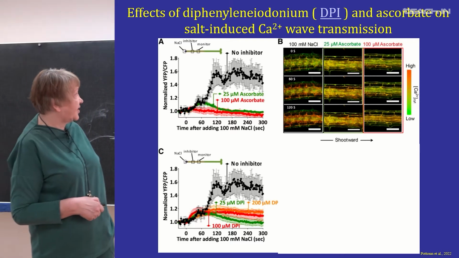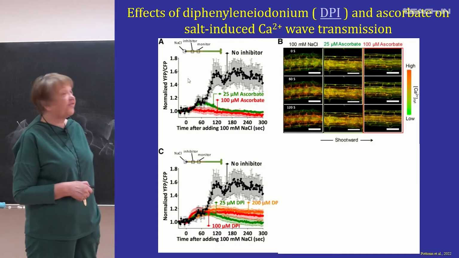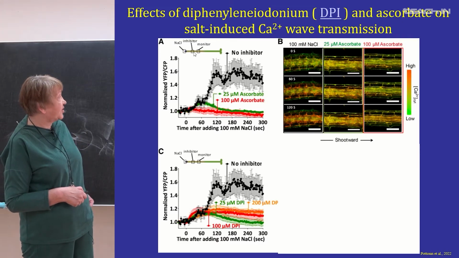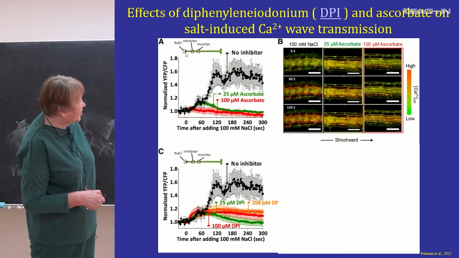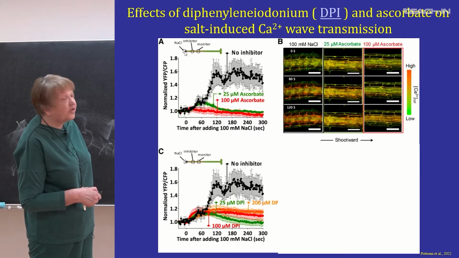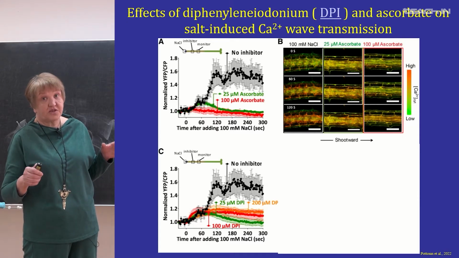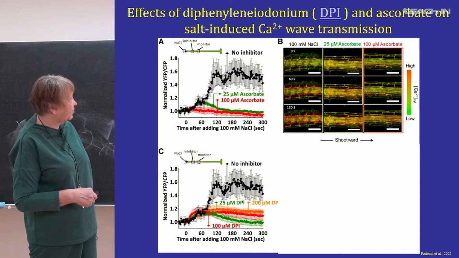So here you see analysis of a role of different factors in the transmission of this calcium wave. This is our Arabidopsis seedling. Sodium chloride salt stress is applied at the tip of the root.